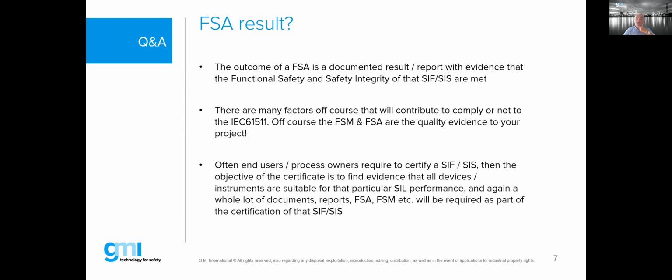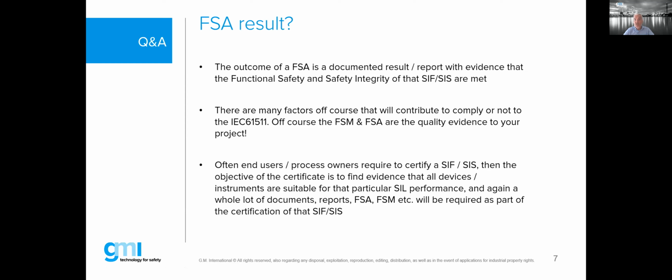There are many factors, of course, second bullet here, that will contribute to comply or not to comply to the totality of the 6.15.11. Of course, what is here the key issue to focus on? Your functional safety management and the quality of it and how adequately you're using it. And the functional safety assessment, again, and the quality evidence of it. That will be the success story of your project.